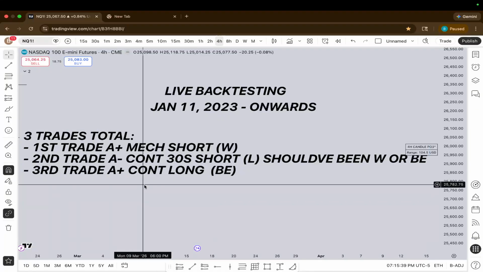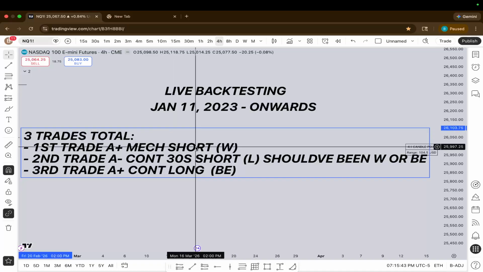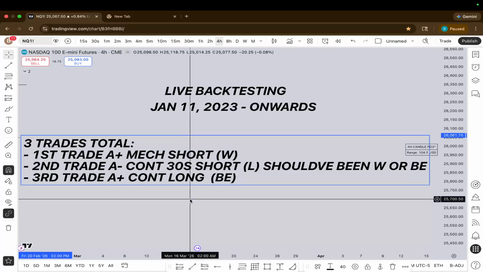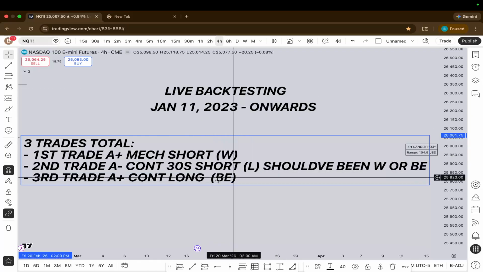And the third trade is an amazing continuation long, and why you guys should be really paying attention to why you're putting your break even. It's a break even trade, but it's such a good example of a break even trade.